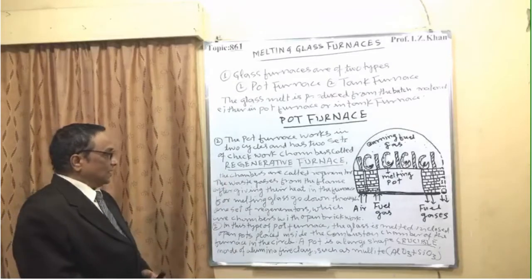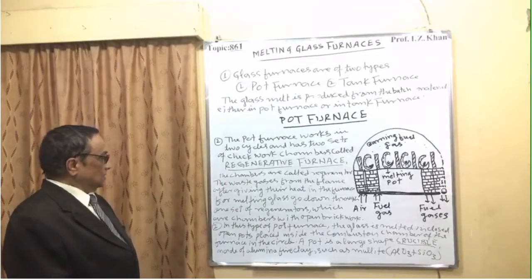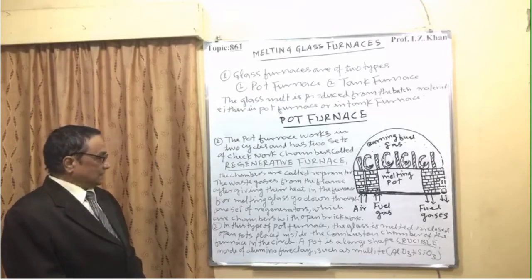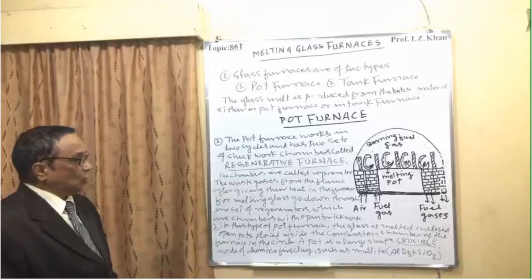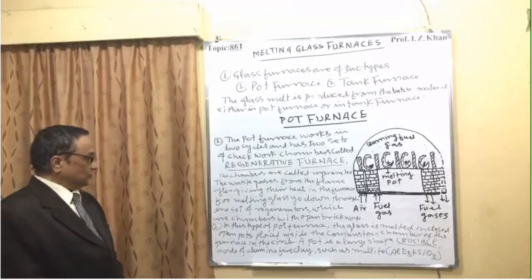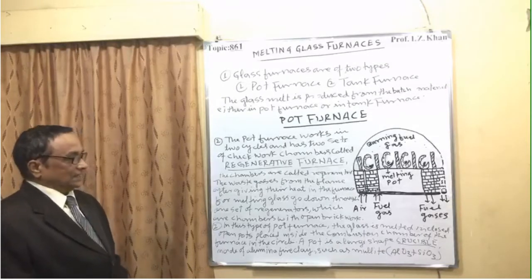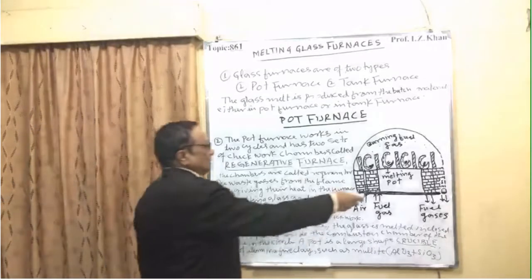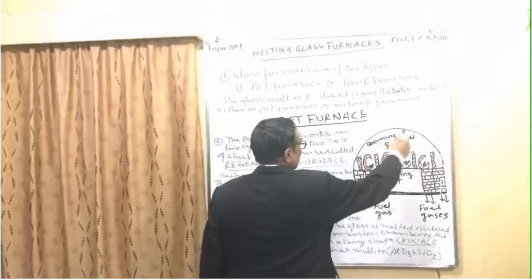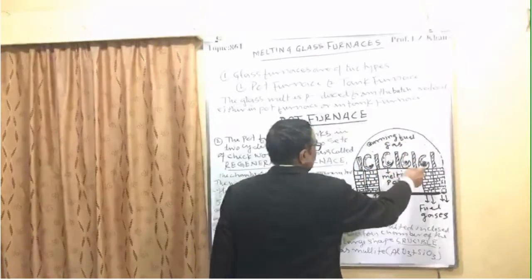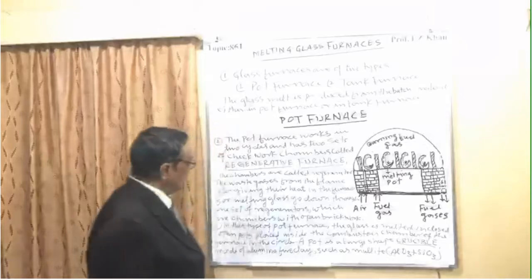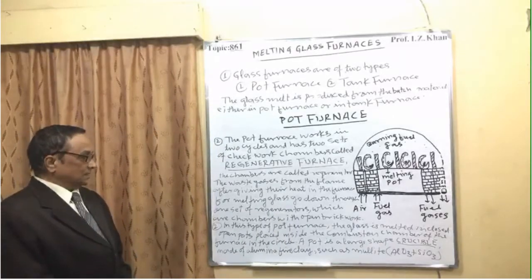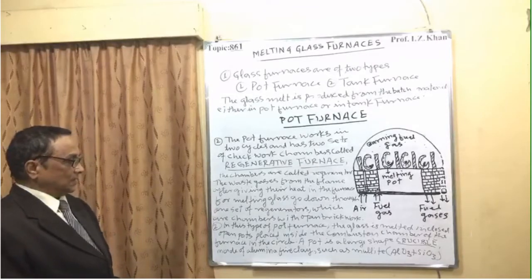The waste gases from the furnace for melting glass go down through one set of the regenerator, which are chambers with open brickwork. Number 2, in this type of pot furnace, the glass is melted in a closed open pot. So in this pot, the batch material, the glass forming material, will be melted in the pot which is placed inside the combustion chamber.